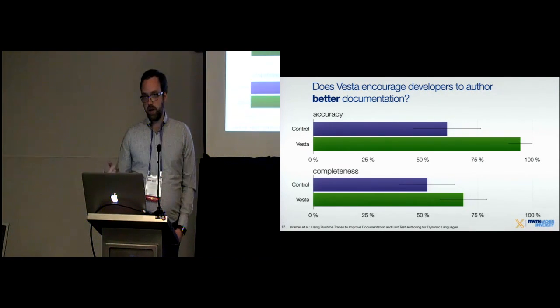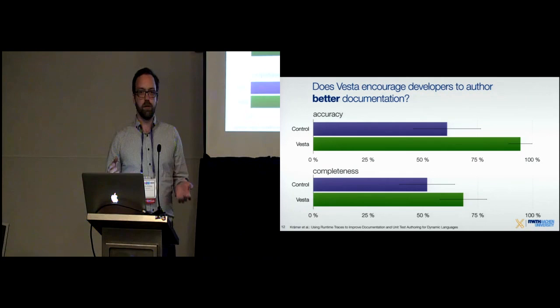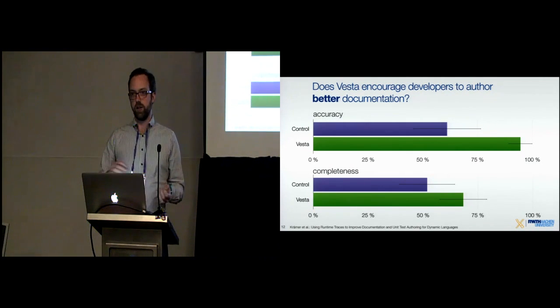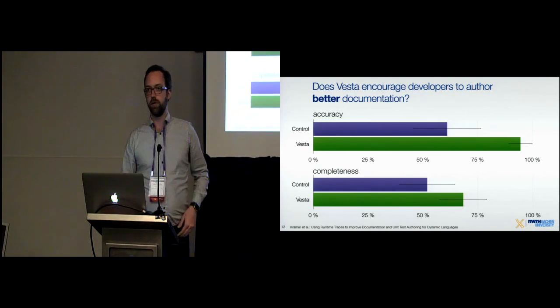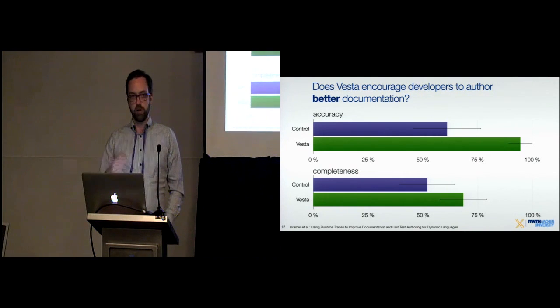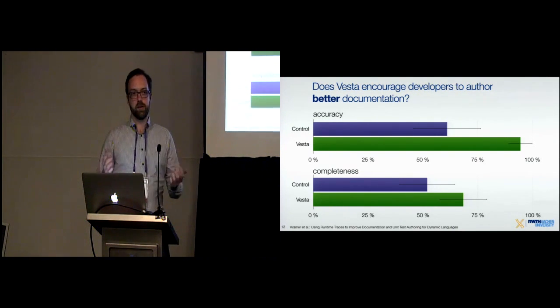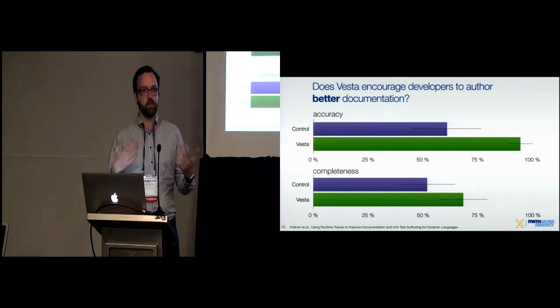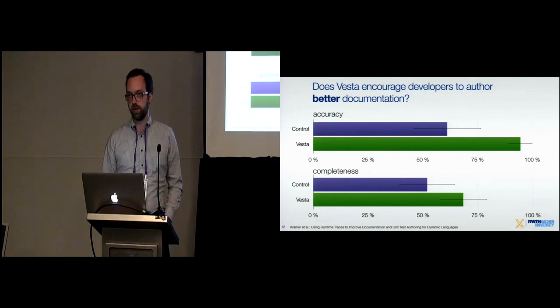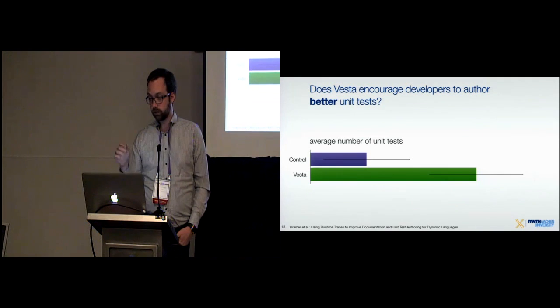More interestingly, if we look at completeness, and completeness refers to did developers actually add a manual description of parameters and functions, we also see that Vesta improves the situation quite a bit. And this is interesting because it means that developers were really encouraged to put more effort into creating these documents.